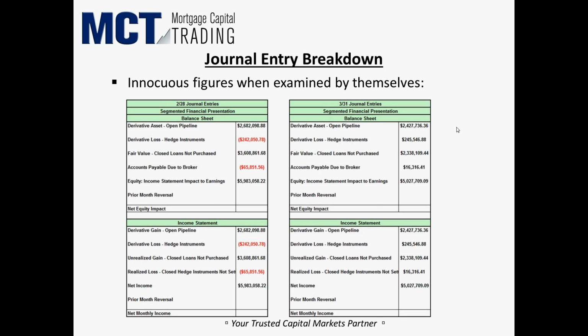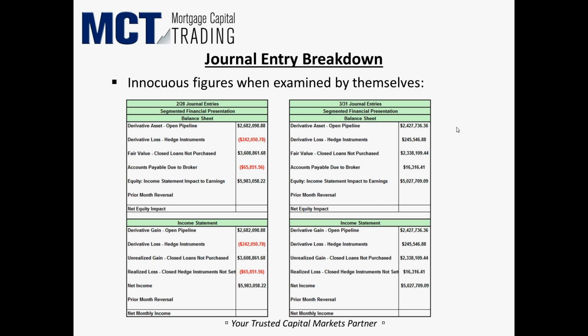If we look at the one on the left here, which is the month end for February, we see that we've got a derivative asset open pipeline of 2.6 million. So let's talk about what goes into that value. Unlike most of your summary sheets on your mark-to-market reports, you're used to seeing a pickup over and above a best efforts execution.